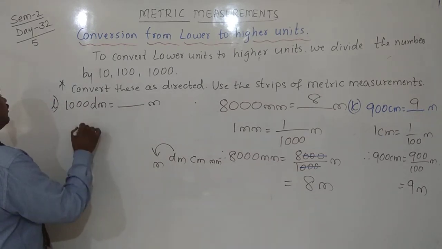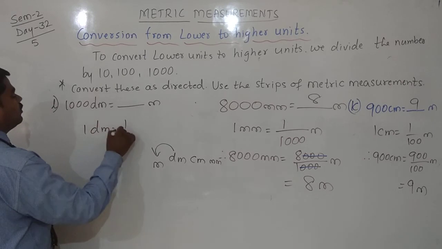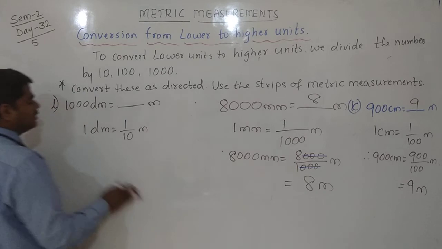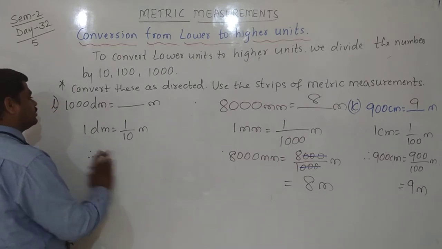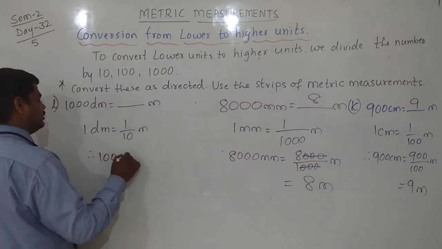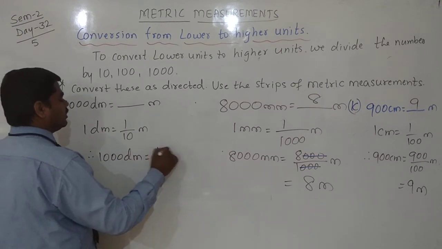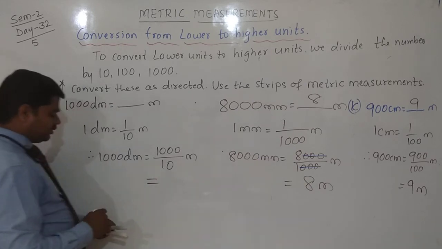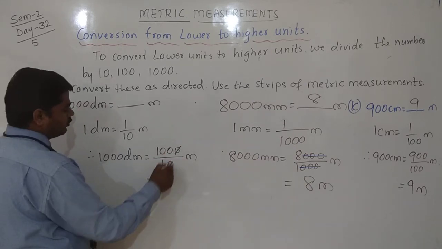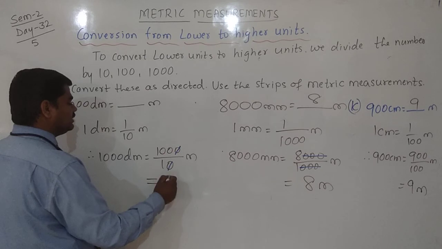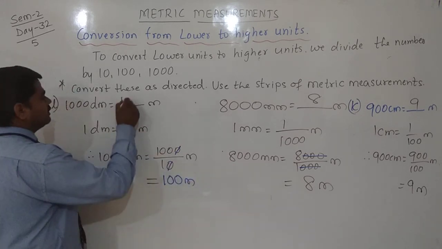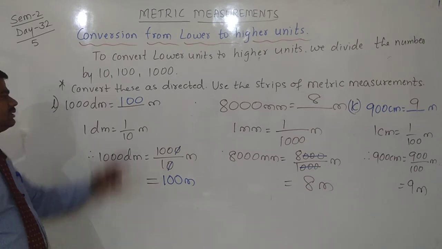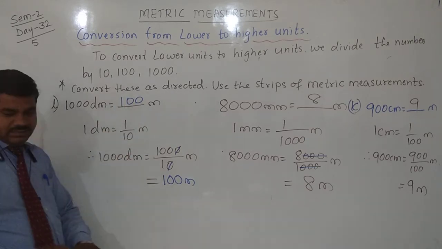We know that 1 decimeter is equals to 1 by 10 meter. Then 1000 decimeter is equals to 1000 divided by 10 meter. Here 1 zero, here 1 zero. Both cancel. 100 by 1 is 100 is the answer. Then 100 meter. 1000 decimeter is nothing but 100 meter.